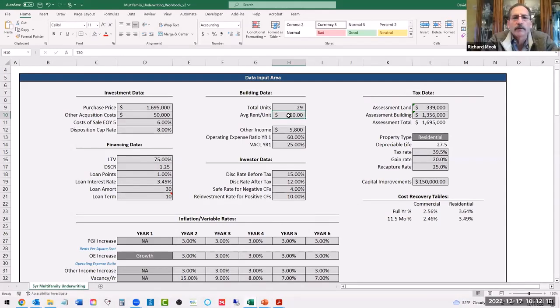So I'm accounting for year one because year one needs to be actual. So I really need year one to be at 563 average rent, not 750. So I'm accounting for loss to lease, physical vacancy and credit loss all within vacancy year one. Does that make sense? Again, this is just back of the napkin.